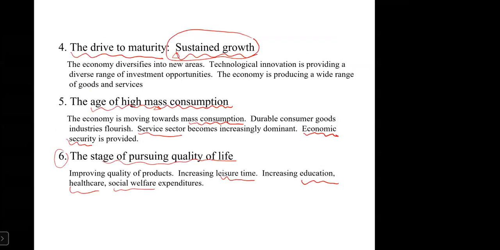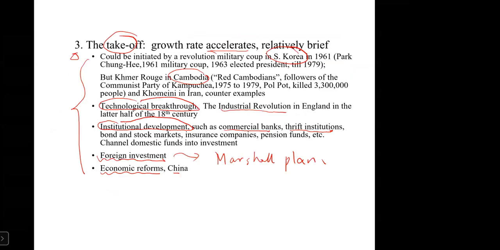Now back to here. In Rostow's view, for a country to take off, there are different triggers. This can be triggered by revolution, or by foreign investment. You can think of the revolution as probably a communist revolution, and the foreign investment as maybe aid from the US or from Western democracies. In that sense, Rostow's view has strong influence over US foreign policy.